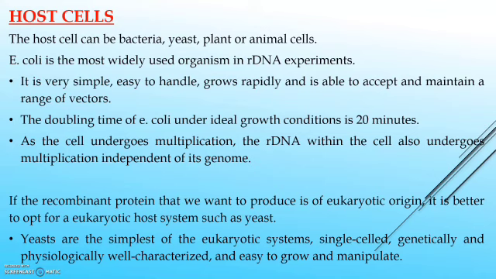There are several reasons for using a eukaryotic host system for the expression of a protein of eukaryotic origin. The polypeptide after it is being synthesized has to undergo folding in the correct manner to attain its functionally active 3D structure.